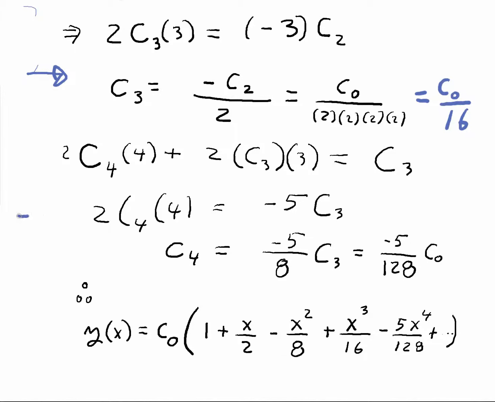Starting up here, 2 times c4 times 4, plus 2 times c3 times 3, is equal to c3. Solving this equation for c4, we get minus 5 over 128 times c0. And so you can see the form of the equation is coming out here, right?